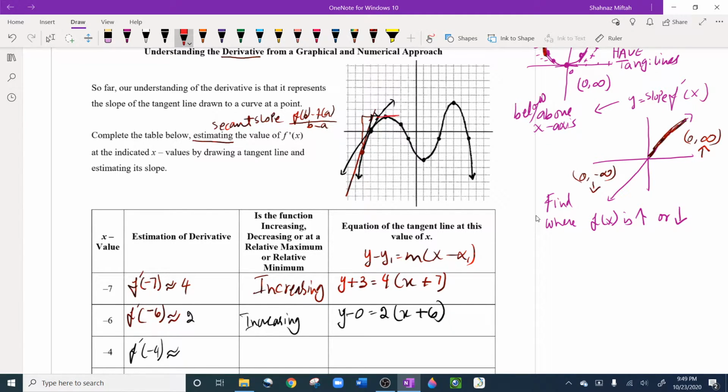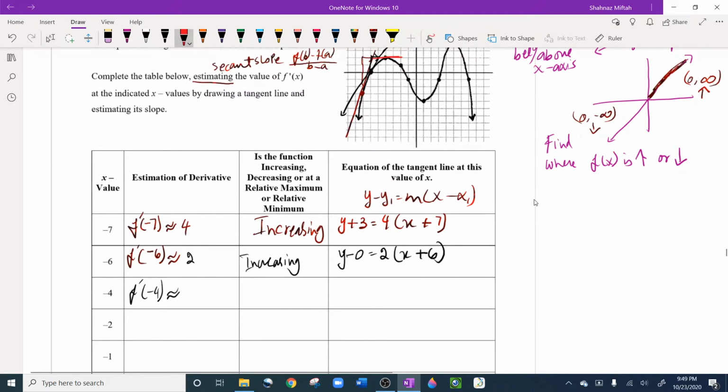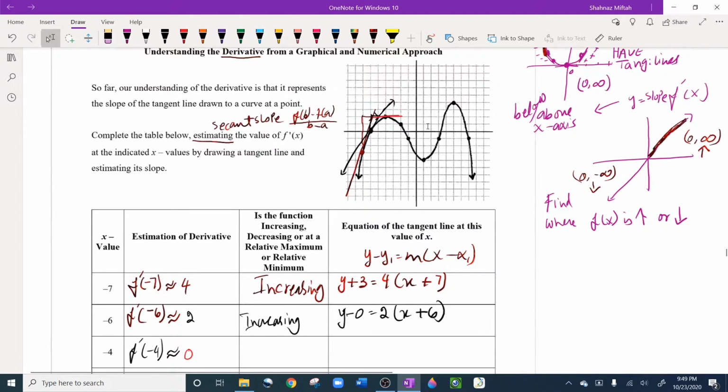Negative 4 slope is technically 0. So I can tell this is 0. When the derivative is 0 at some point, it means we have a relative maximum or minimum. So you can tell this is my relative maximum. It's the top relative maximum.